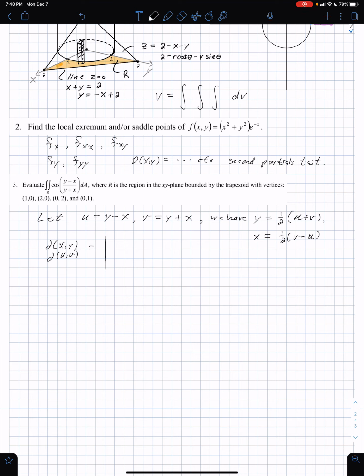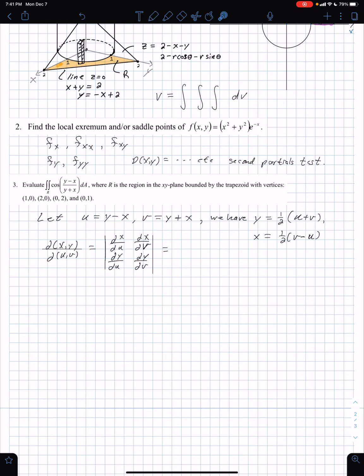It's kind of like the determinant sort of thing, or I forget the other name of that thing. So this is what this looks like, and I'm sure you should have seen this and looked it up, but I'm just showing you, kind of save you some time. So you should do partial x with respect to u, partial x with respect to v, partial y with respect to u, partial y with respect to v, and then you do the determinant.